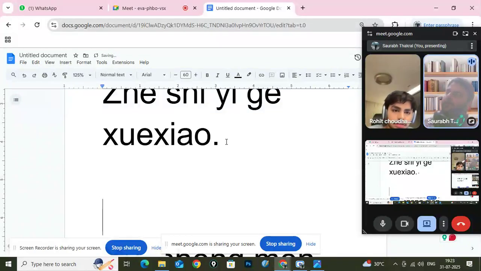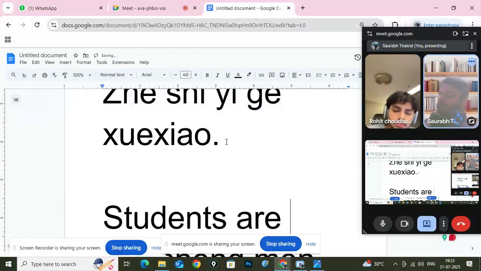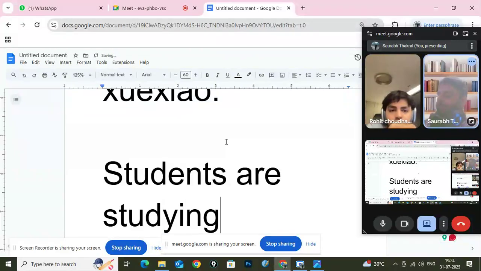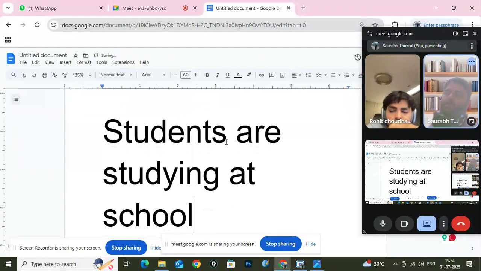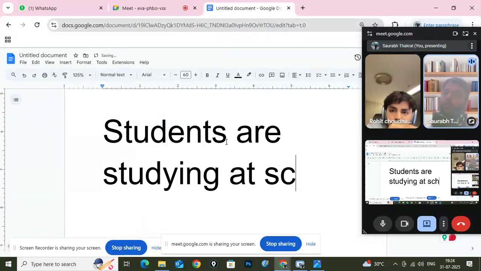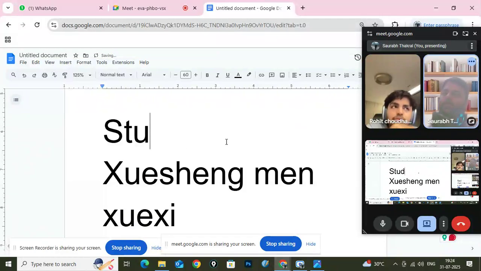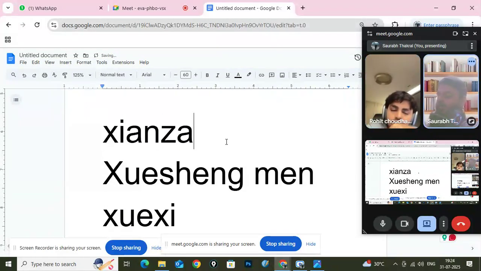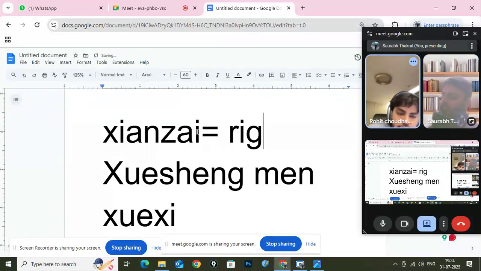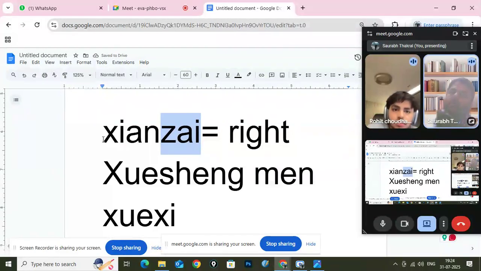And maybe if the sentence is like students are studying at school, then you can use zai. Zai is also for an ongoing action. We have done the word called xianzai. So this word we have done, xianzai, and this xianzai is right now. So that zai that we are using for continuous action is actually a part of this xianzai.